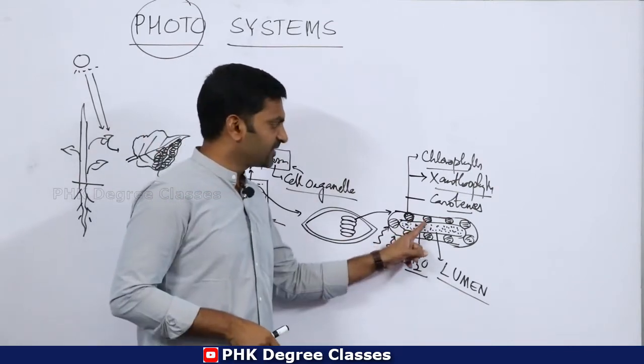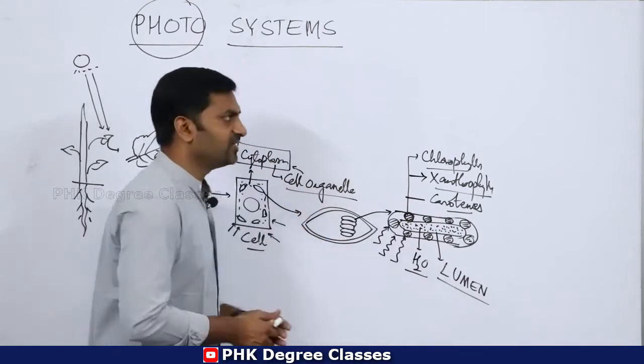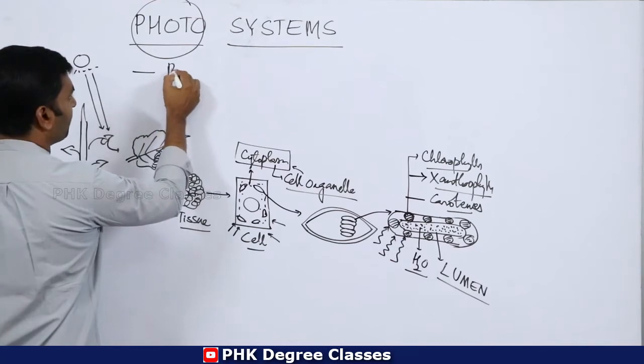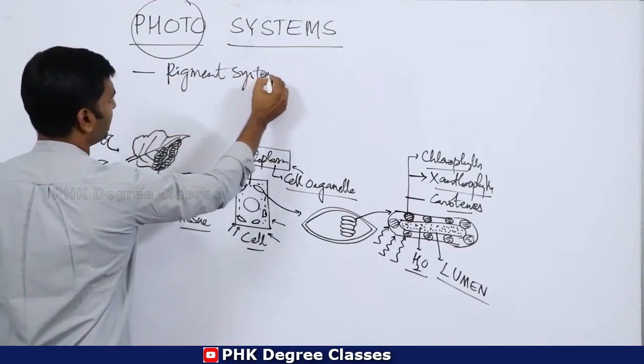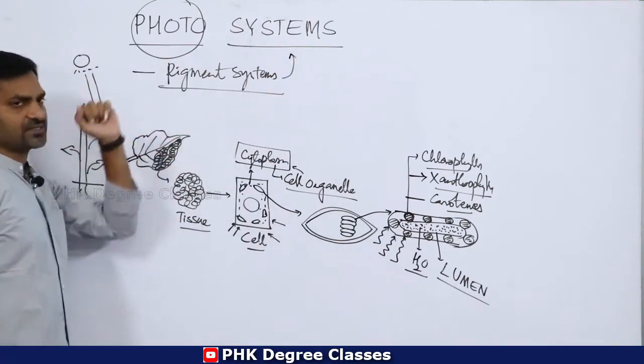Hence every system is composed of pigments or color giving substances. Hence the alternative name for photosystems is pigment systems. What is that? Pigment systems.